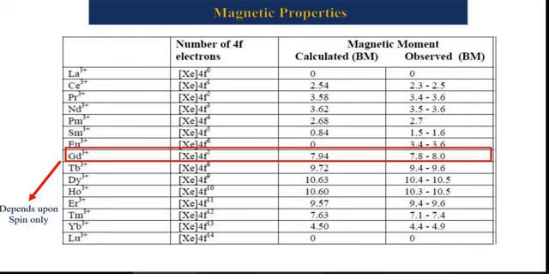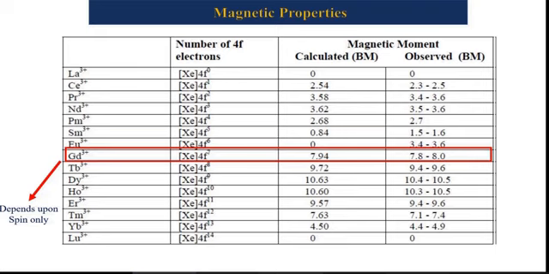Now compare with the observed. Observed means experimental value. It is 1.5 to 1.6 in the case of samarium, whereas in the case of europium, it is 3.4 to 3.6. What the calculated value corresponds to is that it should be 0. Right? So it was quite surprising: the calculated value is 0, whereas the observed is 3.4 to 3.6.